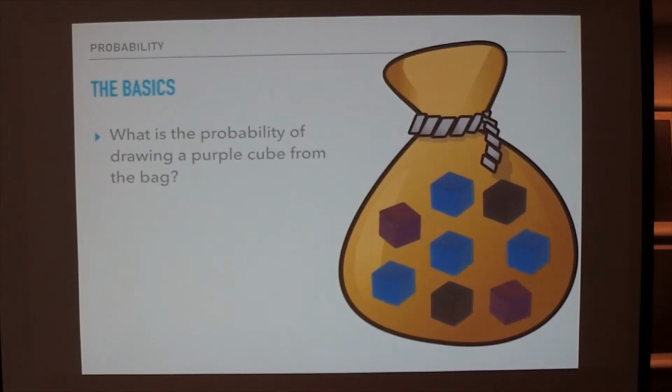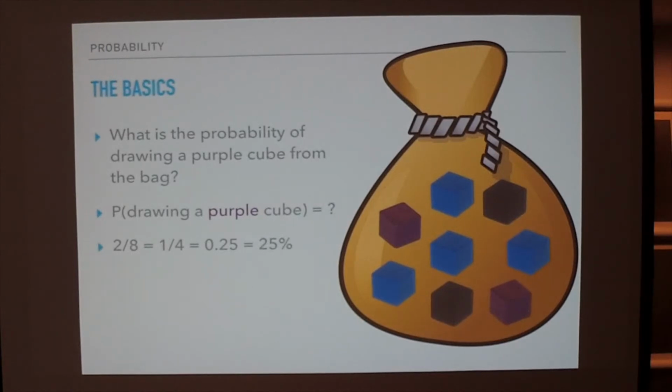So what's the probability of drawing a purple cube from this bag? Anybody? Yeah. Okay. So our formula is going to look like that, and 25% is correct. So it's 2 out of 8, which can be further reduced to 1 out of 4, which can then be converted to a decimal, which then can be converted to a percent.